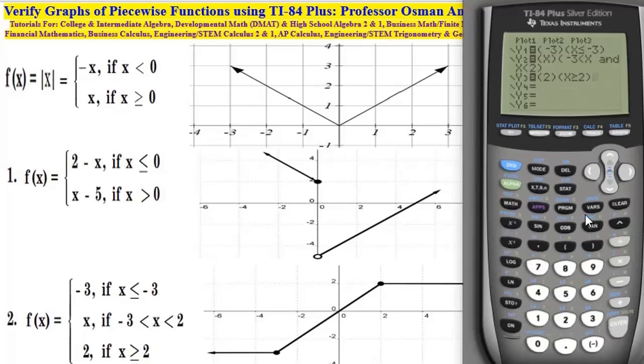And we'll adjust the window, x from minus 6 to 6 and y from minus 4 to 4, and simply graph. There is the graph.